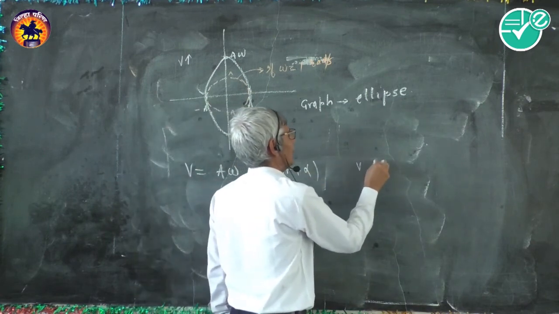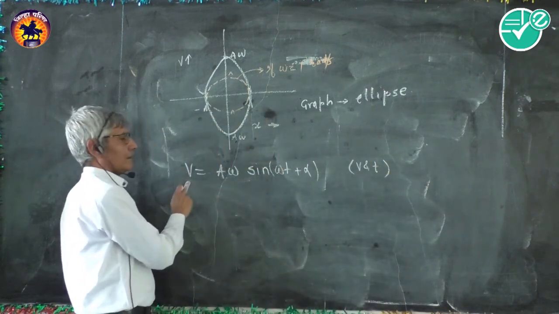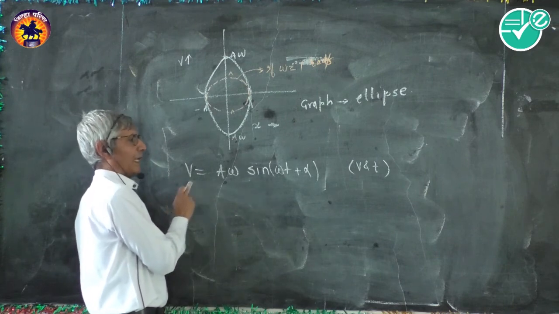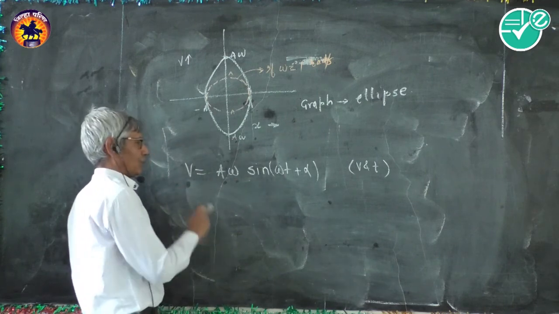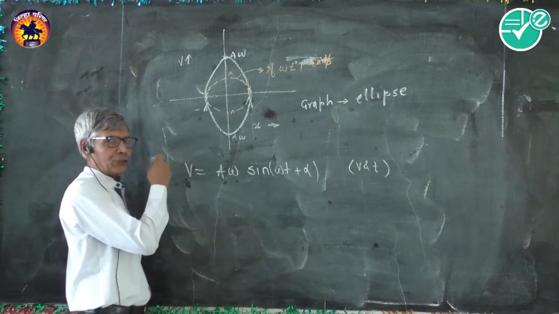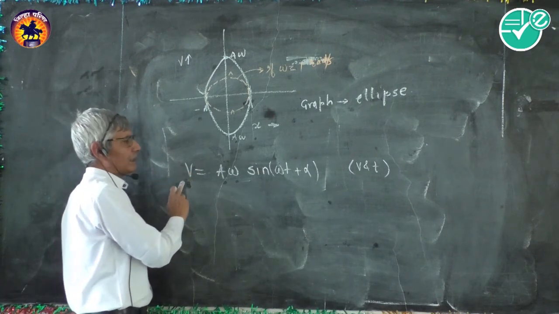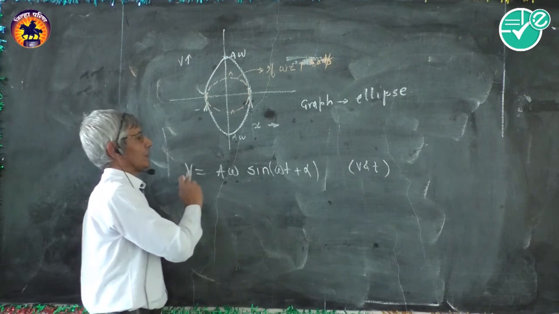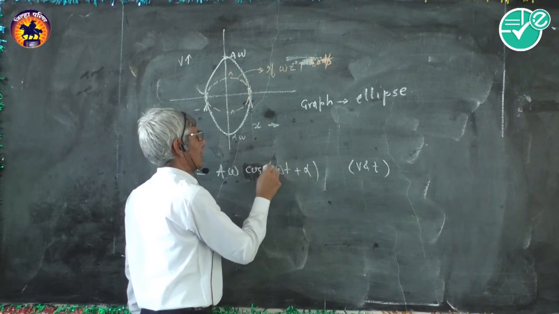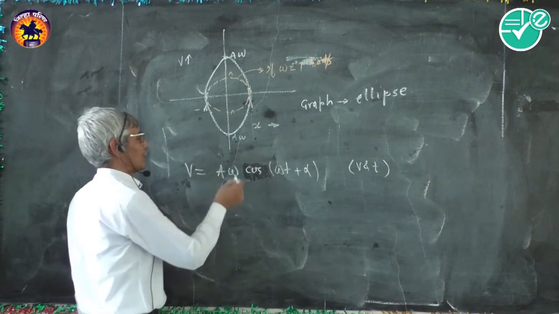This is the relation between v and t, the time dependent relation of the instantaneous velocity, and it is a sine function. We will discuss the variation of the velocity with respect to time when the particle passes from the mean position or extreme position and the corresponding times later on. But this is a sinusoidal function, or this can be a cosine function, A omega cos of omega t plus alpha.